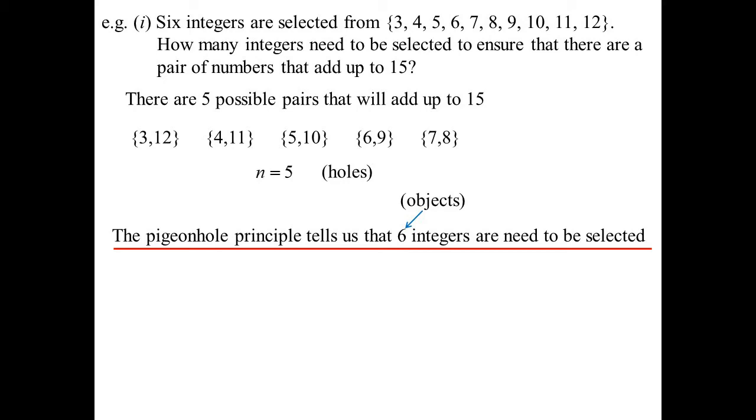As long as I've got 6, because there's 5 holes, at least one of those must have more than one object in it. So we need to pull out 6 integers to ensure there's a pair of numbers that add up to 15.